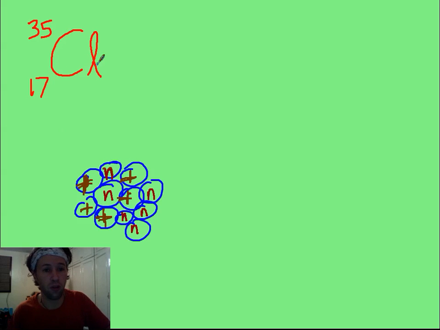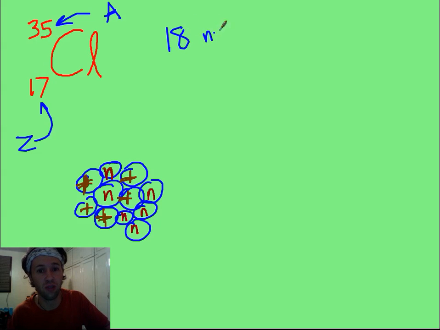Just to remind you, if we had chlorine 35, the 17 here would be the letter Z, your proton number. This up here is your A, your mass number. To find how many neutrons, you take 35 minus 17, and you've got 18 neutrons.